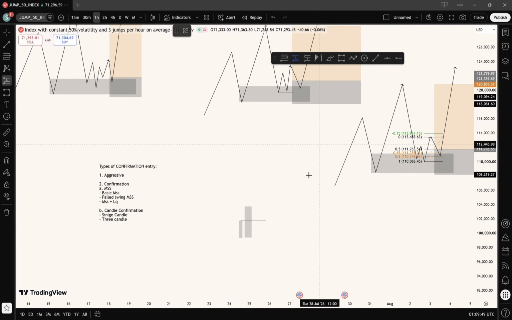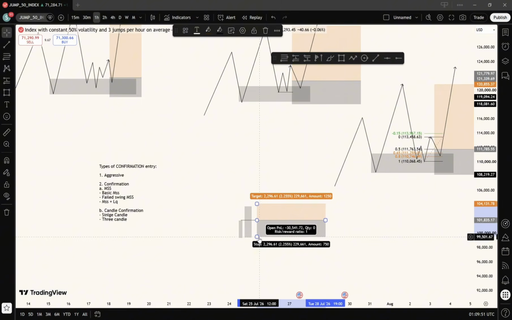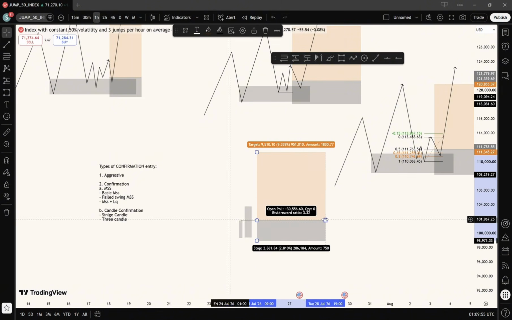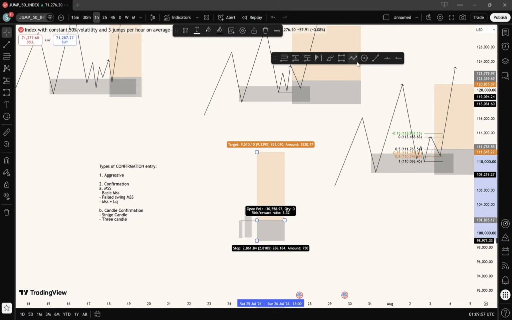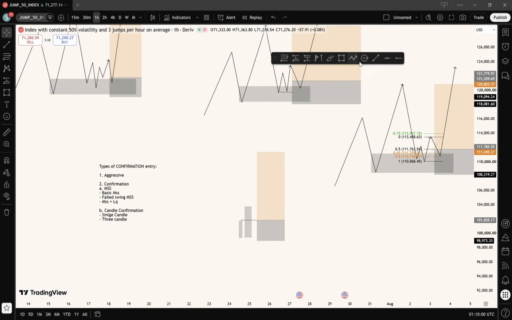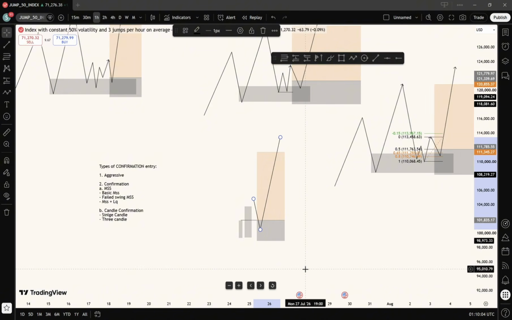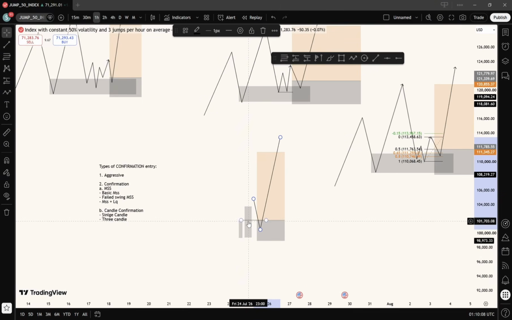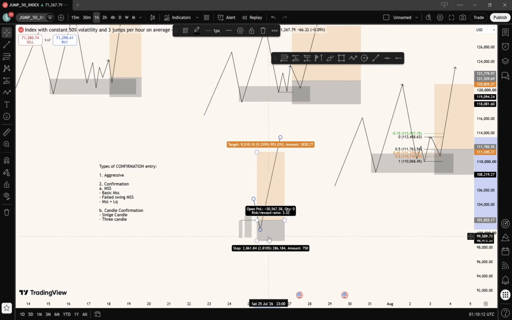So here I'll show you guys all these things on the chart. Then target the nearest swing high, you understand. Price will come back down there, then boom. So this is how single candle confirmation works. I only use it on the 30 minutes and on the 1 hour plus the 2 hours too. So this is how it works.